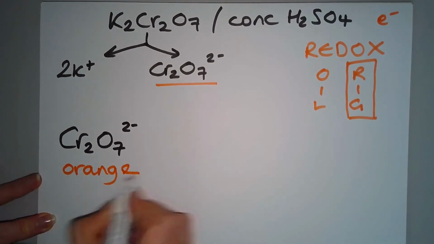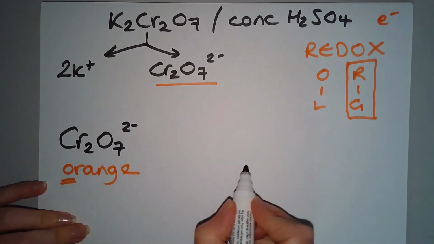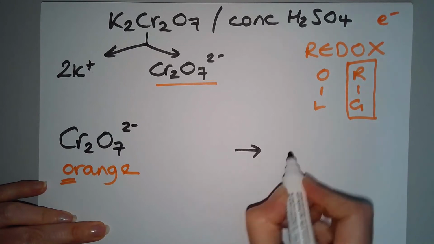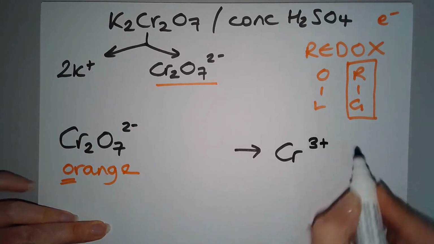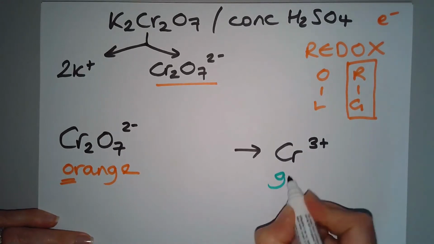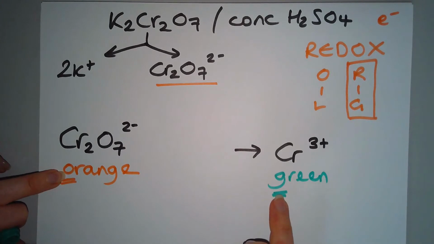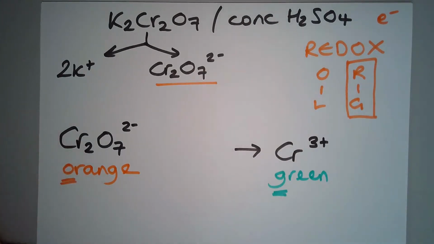So you do need to remember this observation, because it's going to change colour, and that's because when it gets reduced, that will change into the chromium 3+ ion, which happens to be green. So you've got originally orange, it goes green. That's how I remember it. Okay, so hopefully that'll help.